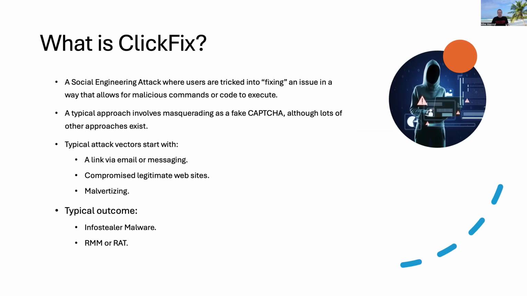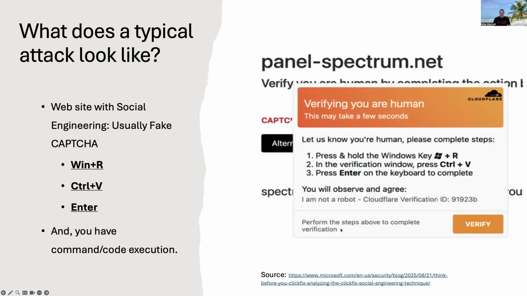But the use case that I think is really interesting is just the scenario of how easy it is to get users to fall for this and how devastatingly effective it's been. If we really think about it, users are used to jumping through all sorts of hoops for CAPTCHAs these days.